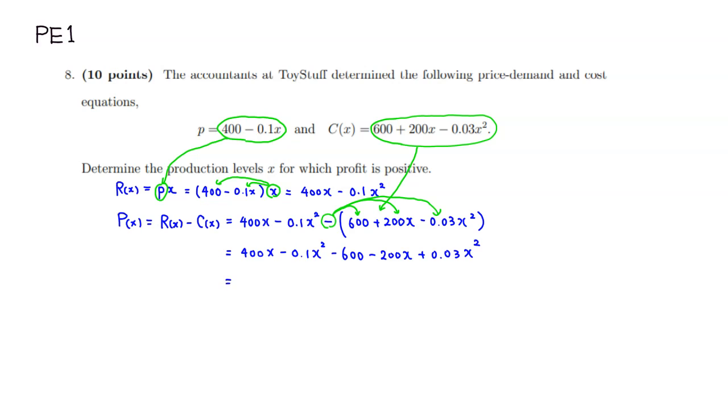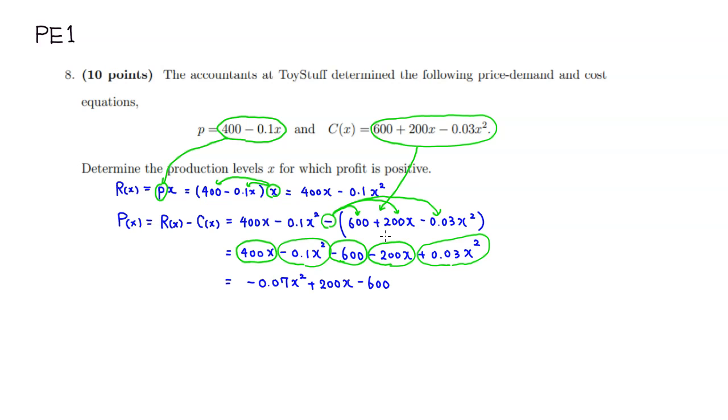For the x squared term, you have negative 0.1x squared and a positive 0.03x squared. Combined, you get negative 0.07x squared. Then for the x term, you have 400x minus 200x, so it's plus 200x. And what's left is minus 600.